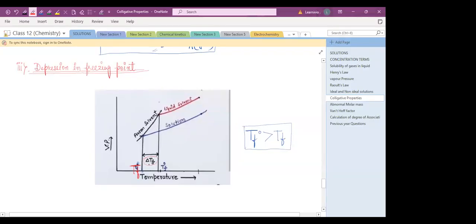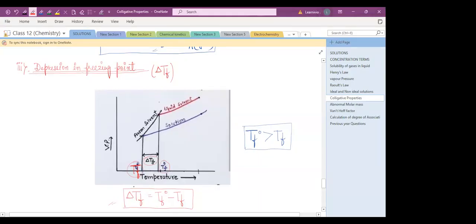So delta TF is equal to TF naught minus TF, the difference between the freezing point of the pure solvent and your solution. This is depression in freezing point.